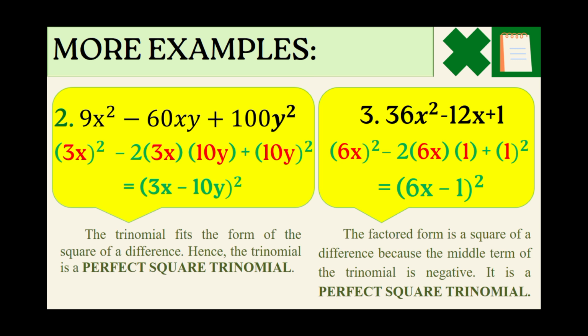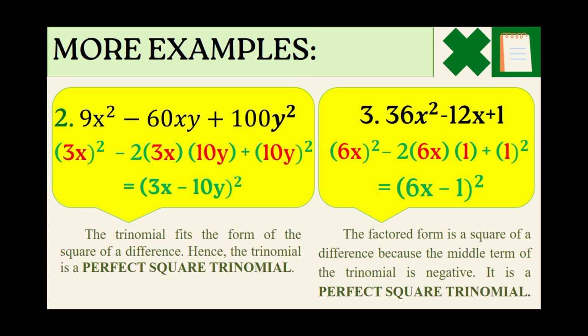We also have number 3: 36x squared minus 12x plus 1. Our first term is 36x squared, which factors to 6x squared, and our third term is positive 1, which factors to 1 squared.